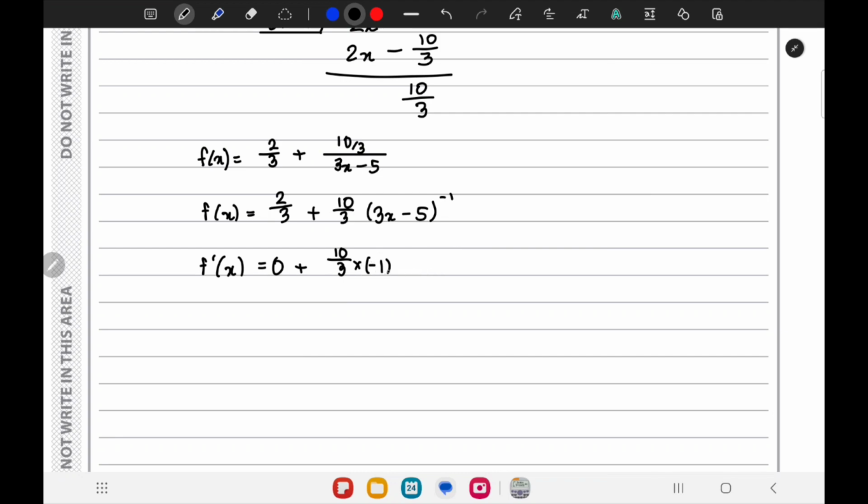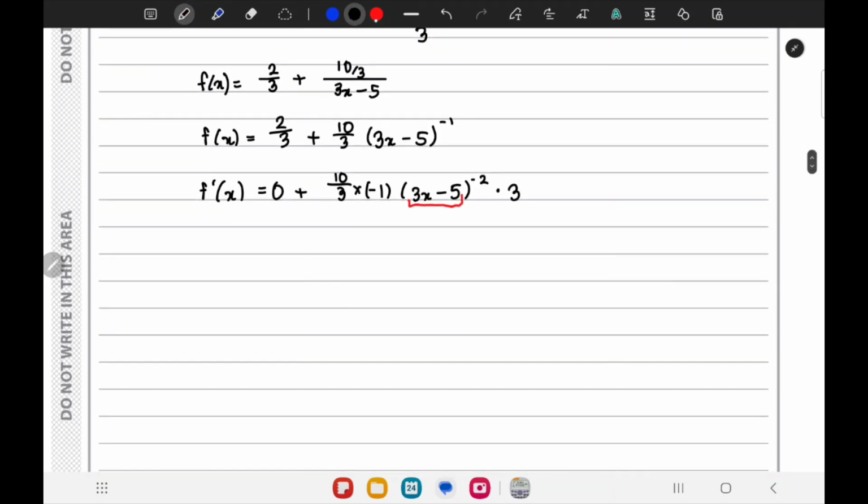So minus 1, (3x minus 5) to the power minus 2, and we'll differentiate 3x minus 5 and multiply it here, so 3. The 3 here and 3 here cancel out, so f prime x is minus 10 by (3x minus 5) whole square.